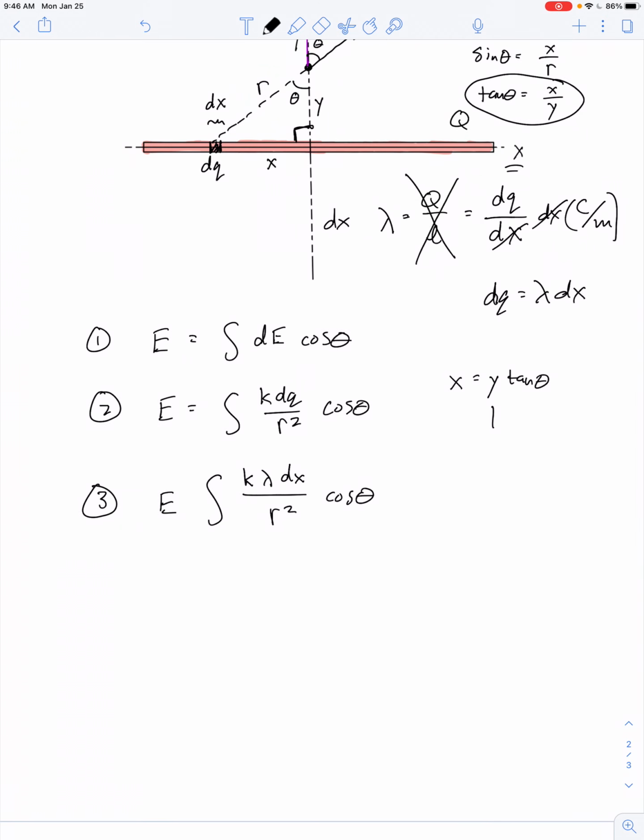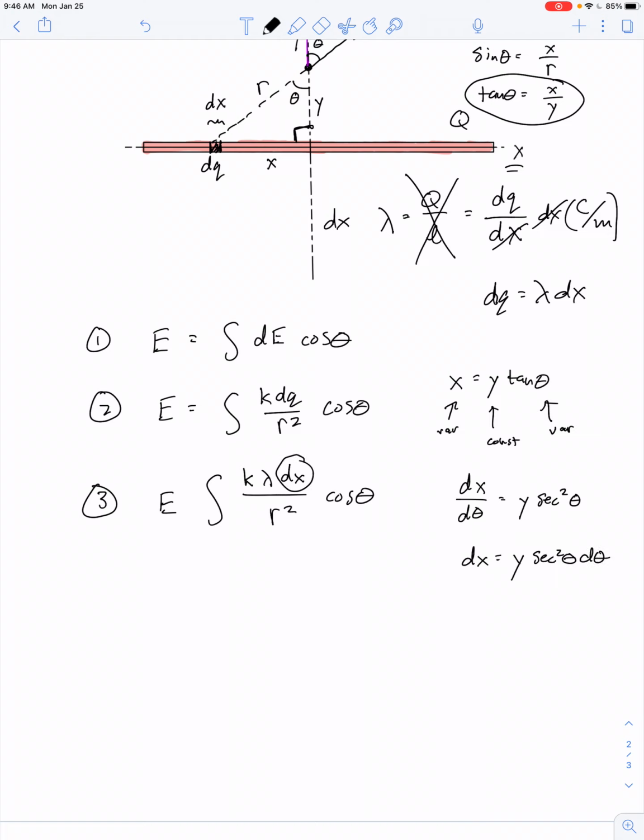So what are the constants? What are the variables? y is a constant. Theta varies with x. So we can take the derivative of x with respect to theta, and this is going to give us y secant squared theta. Or in other words, dx is y secant squared theta d theta.